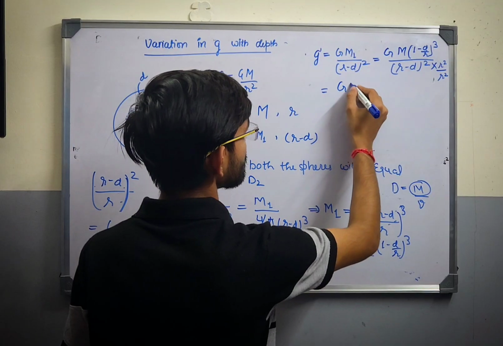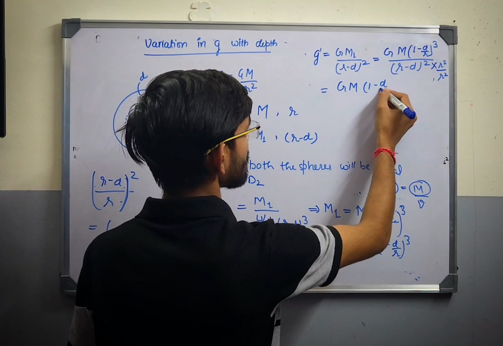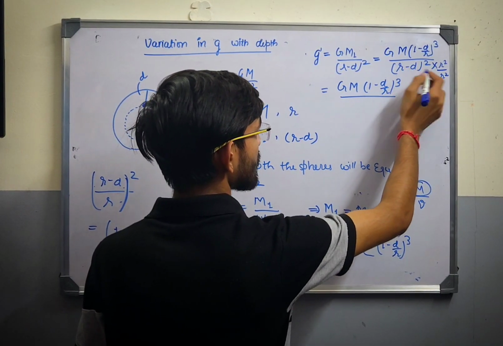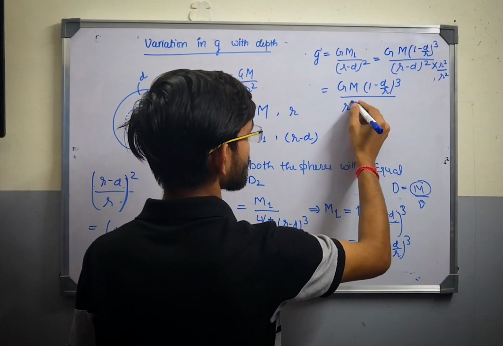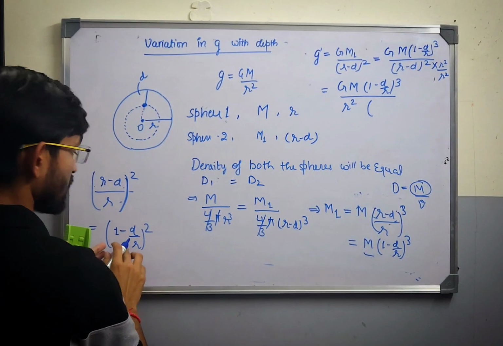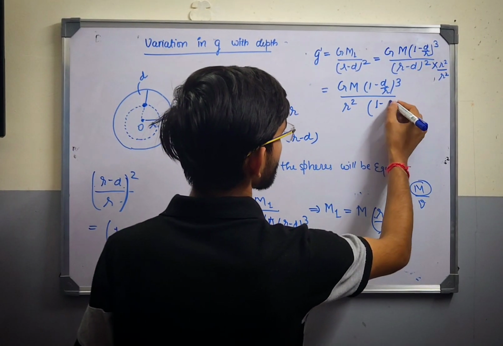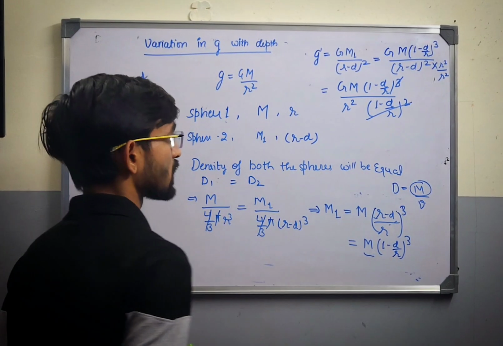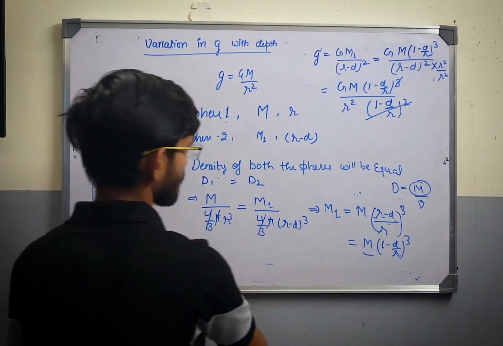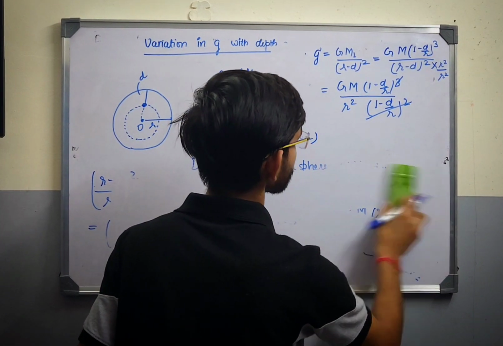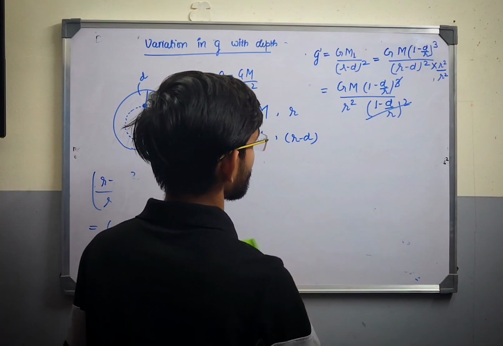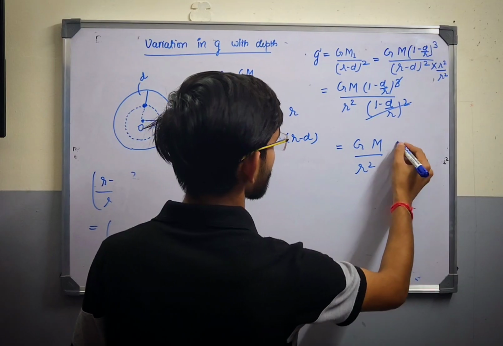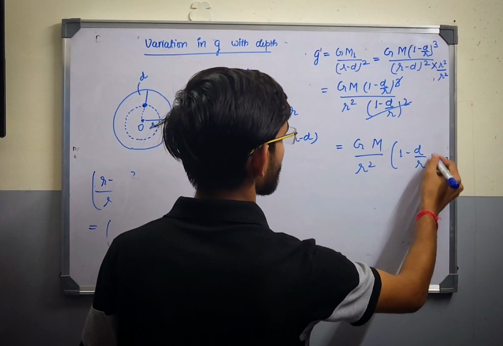So I can write this term as G M (1 minus d upon r) whole cube upon r square (1 minus d upon r) whole square. The square and the power cancel out. So we are left with G M upon r square times (1 minus d upon r).